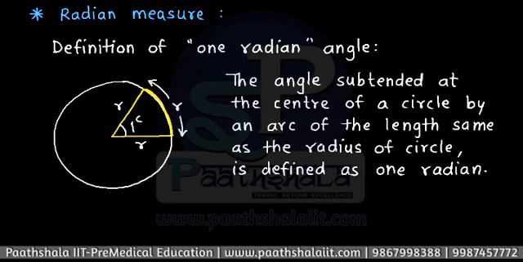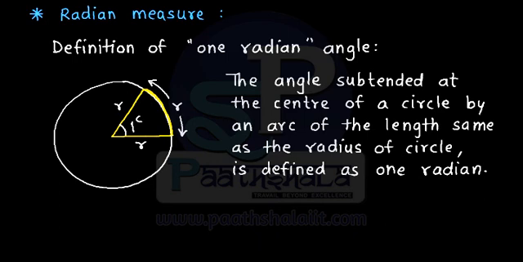Now if we actually calculate how many radians would be required to cover the whole circle, it will be something like this. Observe that if it were an equilateral triangle, in that case the angle of the triangle would have been 60 degrees.